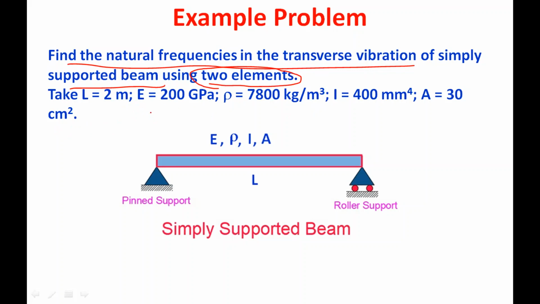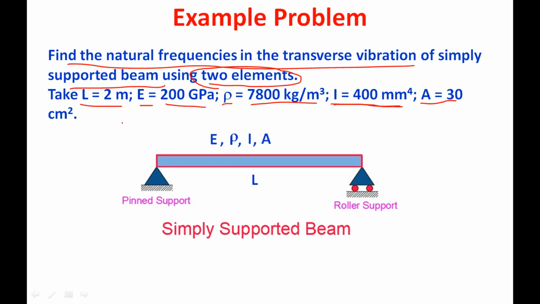Without using notations or symbols, we are going to have numbers in this example. Take the length of the beam as 2 meters, Young's modulus E as 200 gigapascals, mass density rho as 7800 kg per meter cube, area moment of inertia I as 400 mm power 4, and area of cross section as 30 centimeter square.